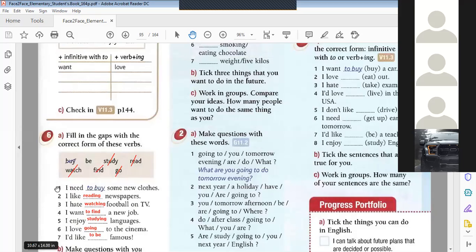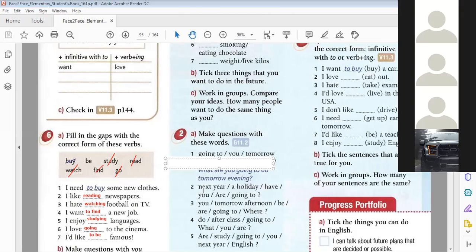Hannah, can you change number 1 to a question? And for the questions, all of the questions, let's use you. Okay.